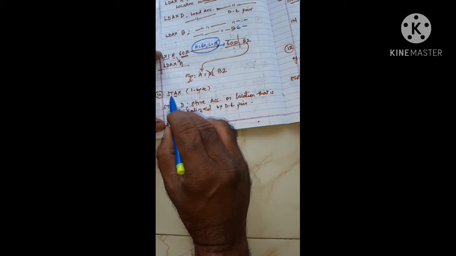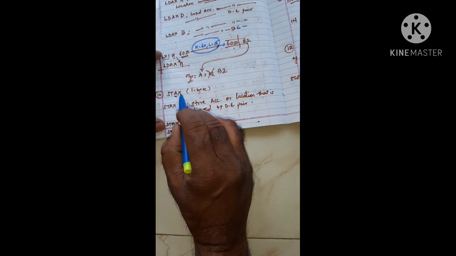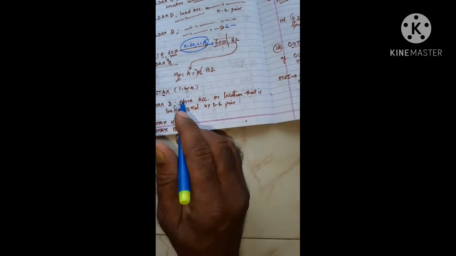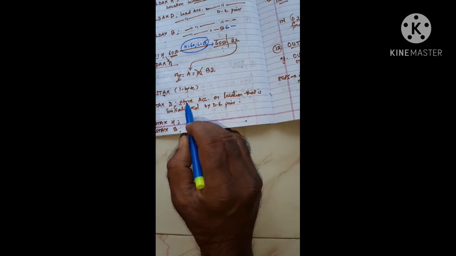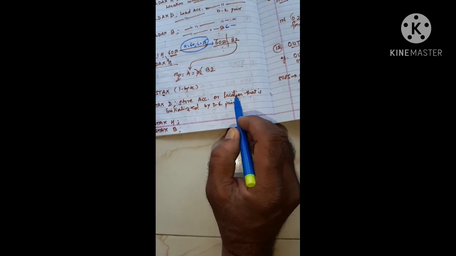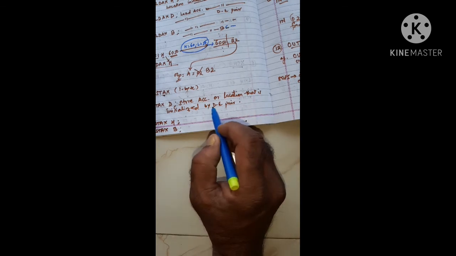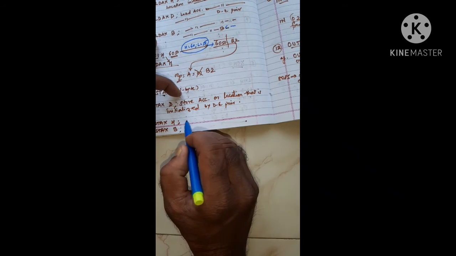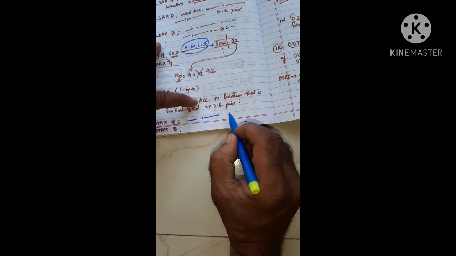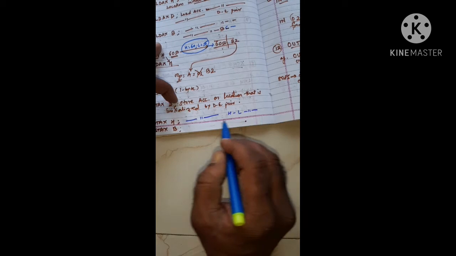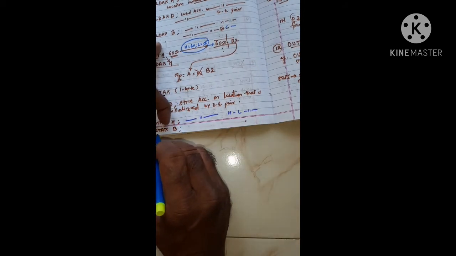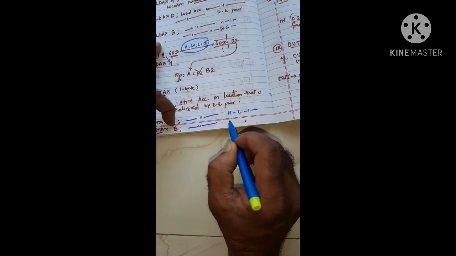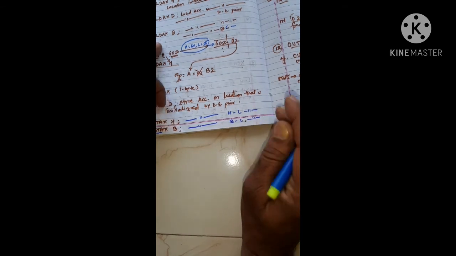It is used to store the accumulator on a location that is initialized by a register pair. If I write STAX D, it will store the accumulator on the location initialized by the DE pair. STAX H means store the accumulator on the location initialized by the HL pair, and STAX B means it will store the accumulator on the location initialized by the BC pair.